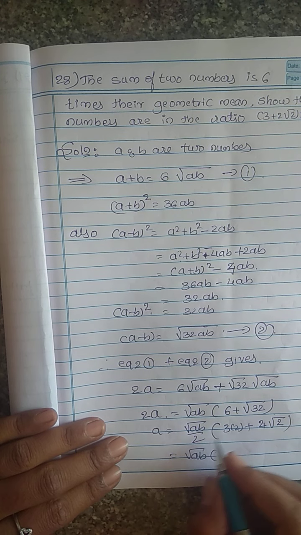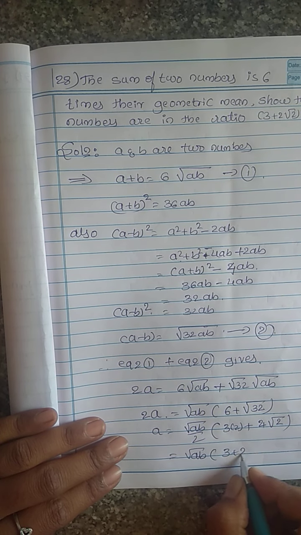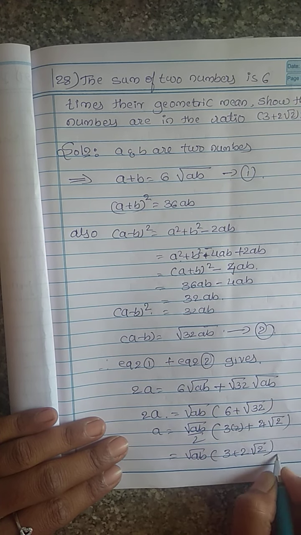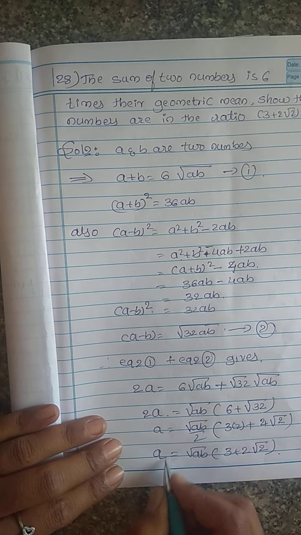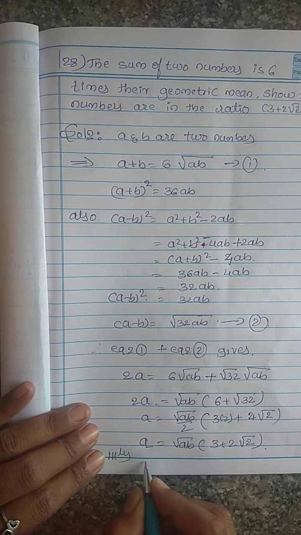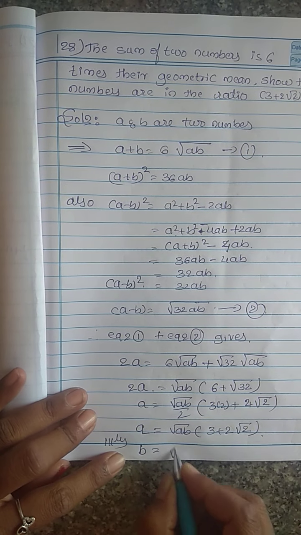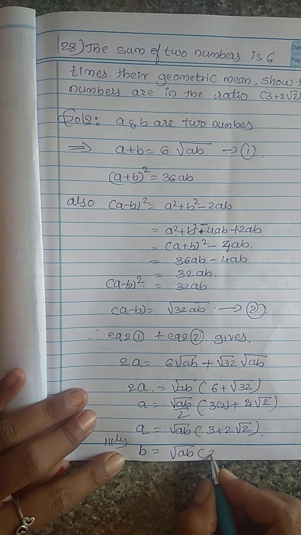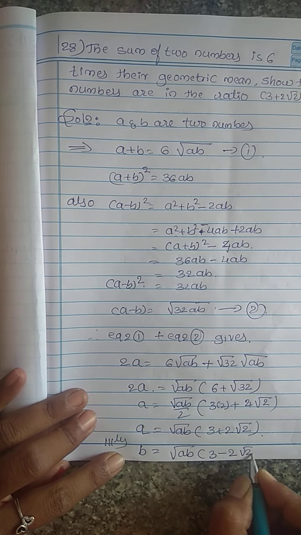Next dividing by 2 you will get 3 plus 2 root 2. This is the value of a. Similarly you will get b equal to root of ab into (3 minus 2 root 2).